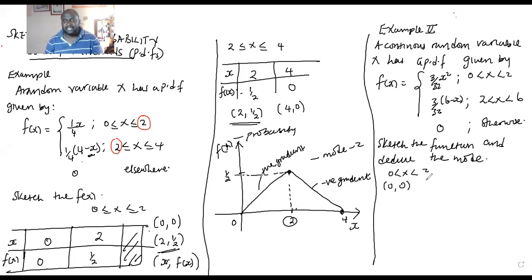When you put there x is 2, unless if you want me to draw the table, okay. If you want me to still draw the table, we are saying x, f of x, we are saying 0, 0. The other one is 2. When you put 2 there, you get 4. 4 divided by 32, you get 8. And this is 3 out of 8.